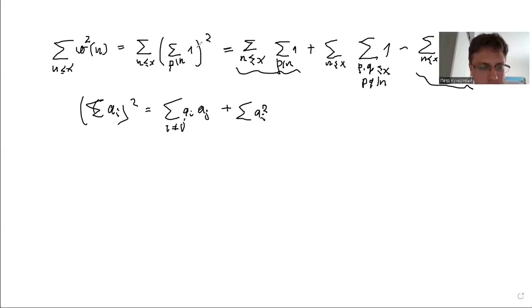And here a_i is 1. Here is p squared. I just didn't want to write p is not equal to q. It doesn't matter. These are very small compared with the main term.